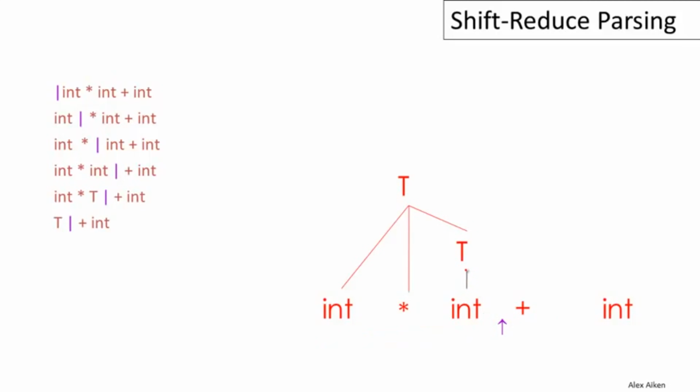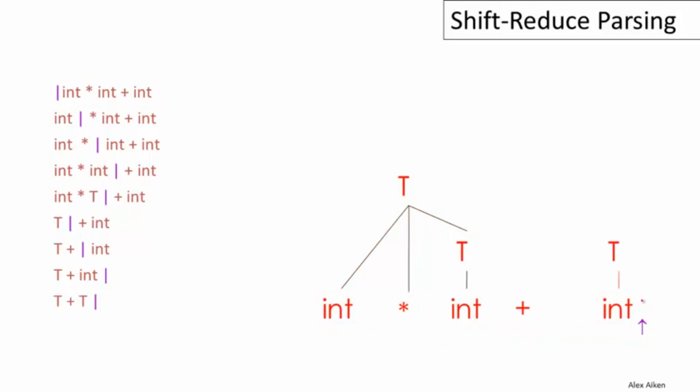And then we perform another reduce move. And then it turns out the next thing to do is two shift moves, and we haven't explained yet how we know whether to shift or reduce. We're going to get there. I'm just showing that there exists a sequence of shift and reduce moves that succeed in parsing this example. Now we've shifted over the entire input, so there's no more input to read, and now all we can do is reduce moves.